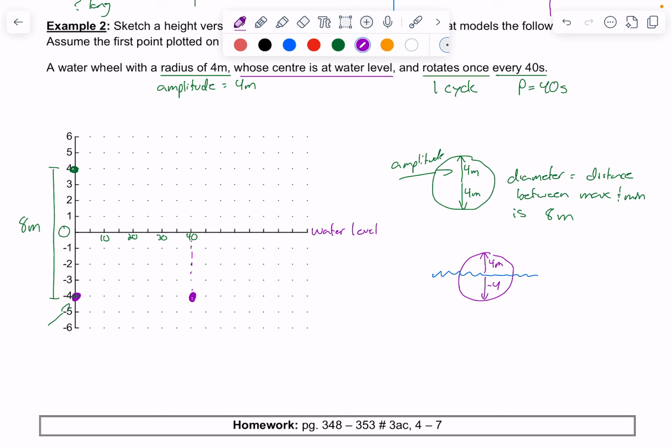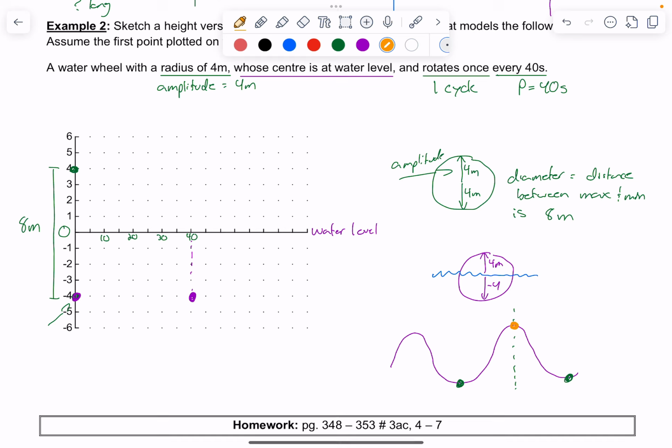All right, where is your halfway point between these? Because remember, we've got to hit our maximum. Our graph goes like this. It's a sinusoidal graph. Generally speaking, we start at our minimum and go back to our minimum, so the halfway point is where your maximum needs to be.